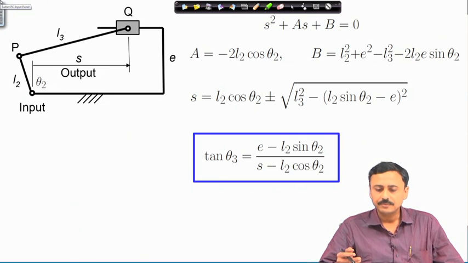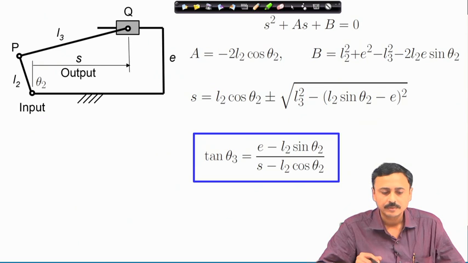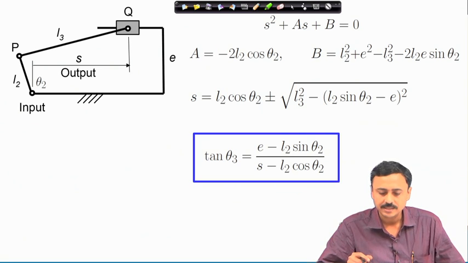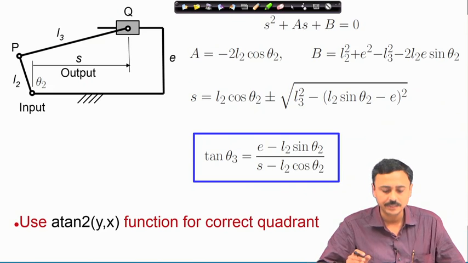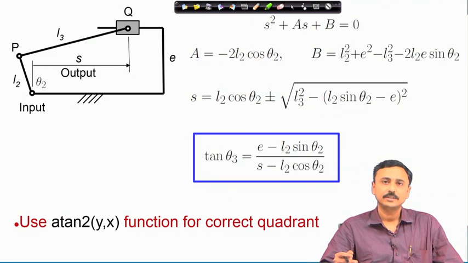Finally, I have put together all these equations, which can now be solved easily to find S and finally theta 3. When you solve for theta 3, remember to use the atan2 function, which gives the correct quadrant of theta 3.